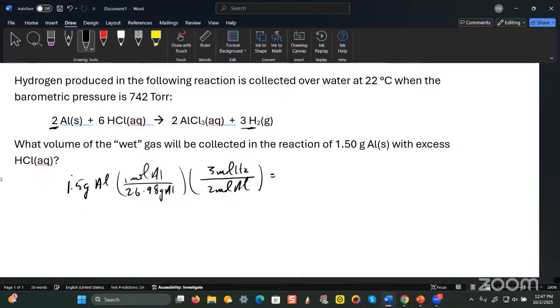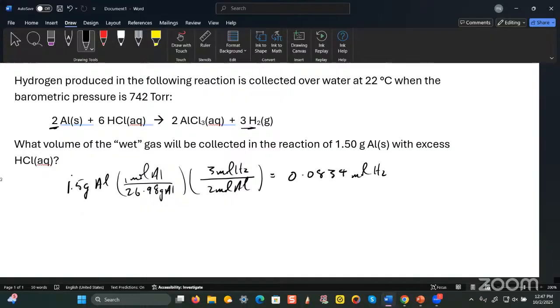So 1.5 divided by 26.98, and then I'm going to multiply that by 3 and divide by 2. According to my calculations, this works out to be 0.0834. Please let me know if I'm incorrect. But this is what I got for the moles of hydrogen, all right?